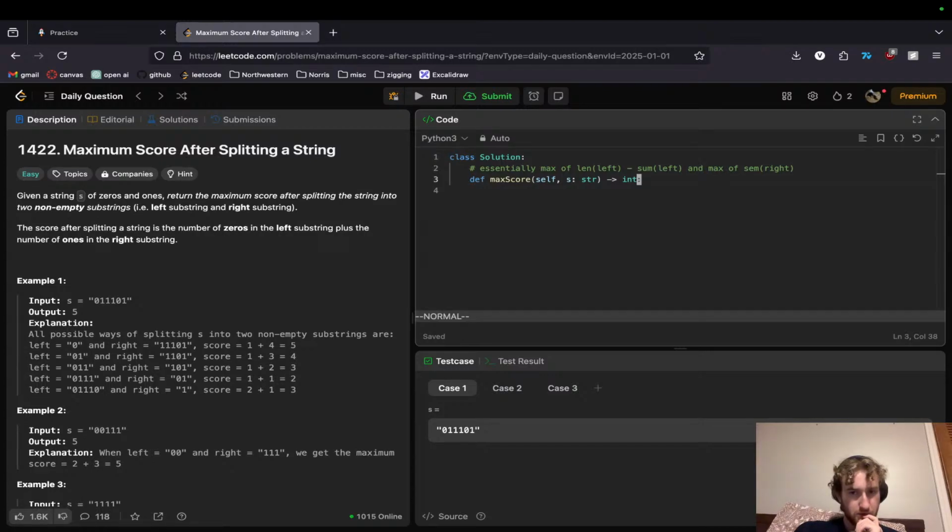Return the maximum score. Okay, so it's essentially just the sum of these two. Right, okay, so how can we figure out the best way to split off into left and rights?